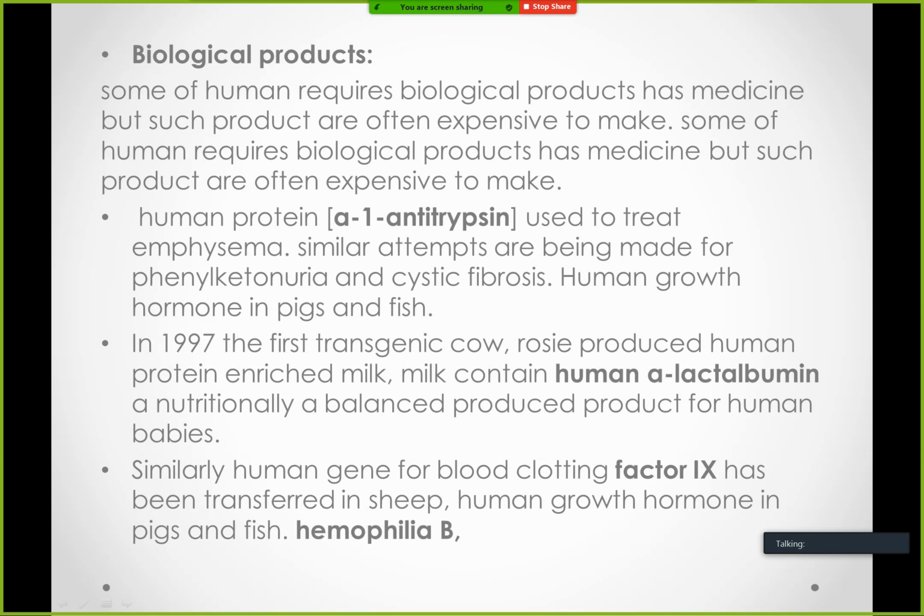Next, similarly, the human gene for blood clotting factor 9 has been transferred into sheep, which can overcome diseases like hemophilia B. A person infected with hemophilia B has no blood clotting factor.